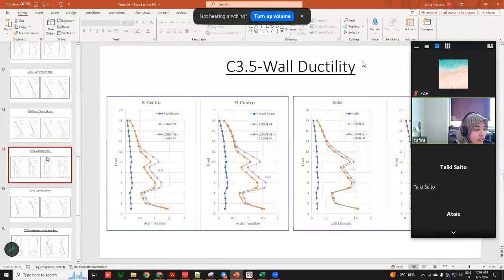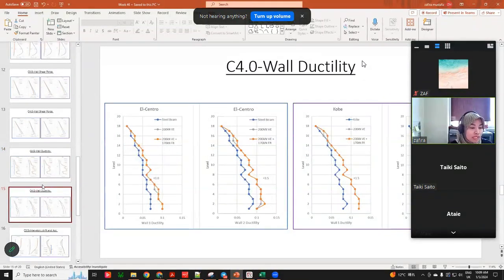And then this is the ductility. This is for the longer beam. We can see the ductility varies a bit larger compared to the shorter beam. So the ductility for El Centro is less than 1.0, and here for wall 2, less than 1.5.